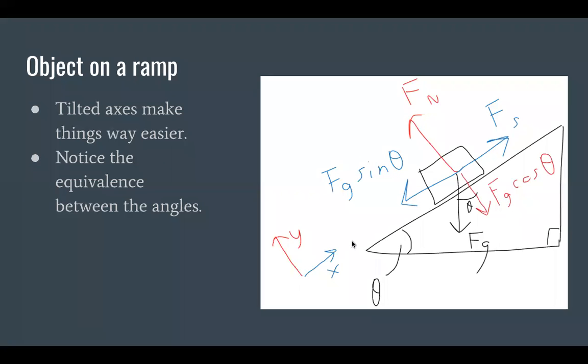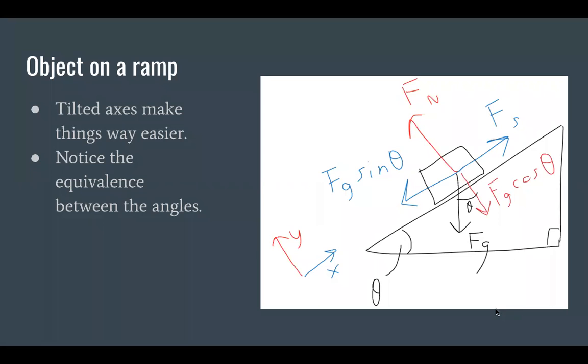You have your X direction going parallel to the slope of the ramp, and then you have the Y direction going perpendicular to that, off of the ramp and down into the ramp. That makes it really easy because then your normal force and your frictional force are going to be in the X and Y axis.